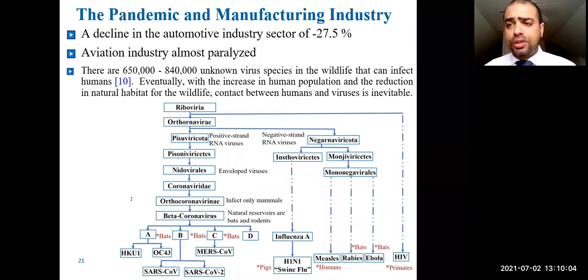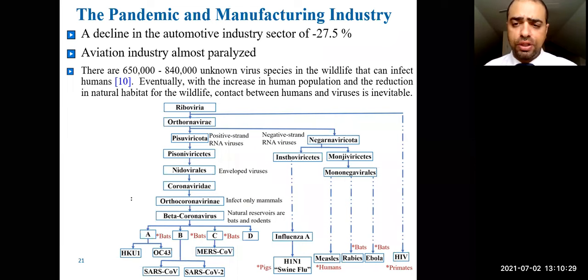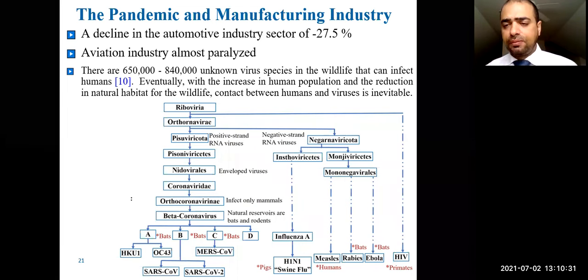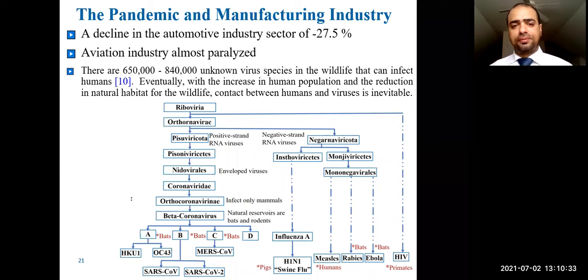Now, the question is, will there be another pandemic in the future or not? And the answer is, of course, yes. Actually, the question should be when. When is the next pandemic going to be? Let's look at some background. Scientists and biologists estimate that there are between 650,000 and 840,000 unknown virus species in the wildlife that can infect humans.